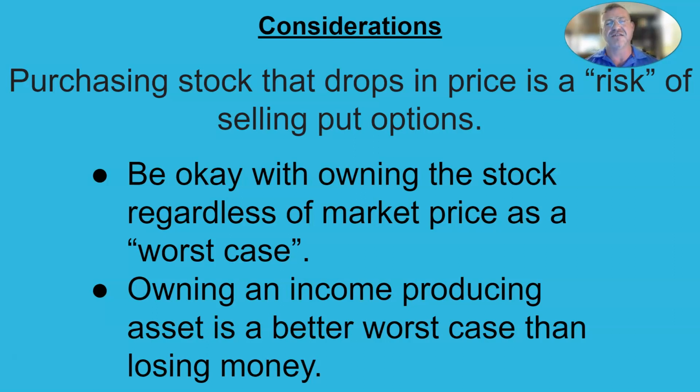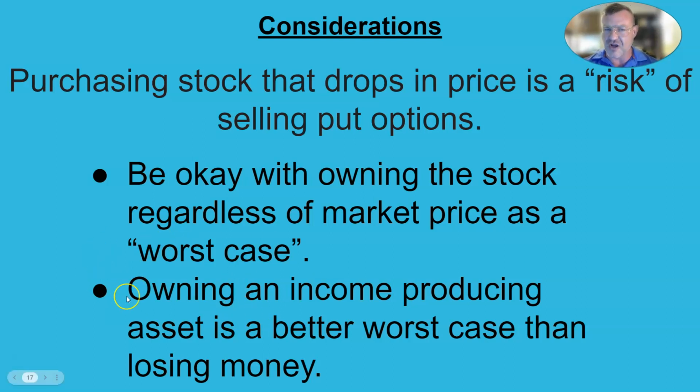But by selecting a good stock, you shouldn't run into that. So the most common thing that would happen in this sort of bear market would be you're buying a stock at, let's say, $10, it drops down to $8, you're forced to buy it at 10 because you wrote the put option at 10, and then the stock is trading at 8, 7, 6, right? That would kind of be your worst case scenario.